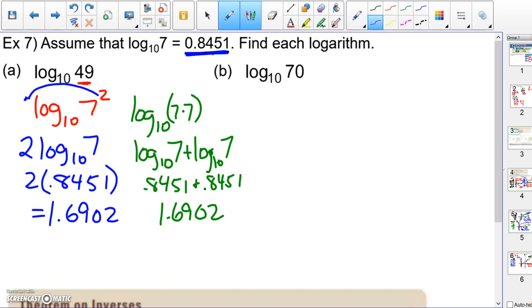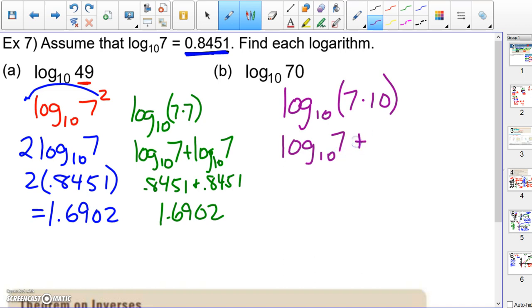Part B says log base 10 of 70. So if you think about that, the first thing that comes to mind is log base 10 of 7 times 10, which is a little bit weird with that 10 because it's not a 7. But let's just use our properties and see what happens. You'd have log base 10 of 7 plus log base 10 of 10.